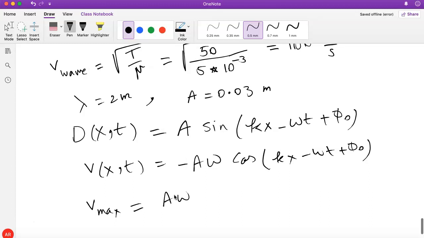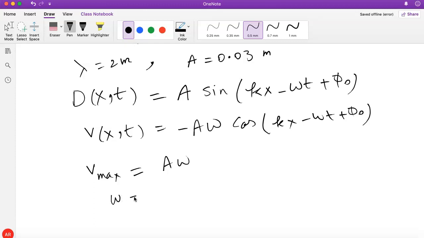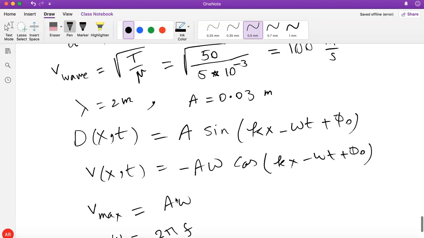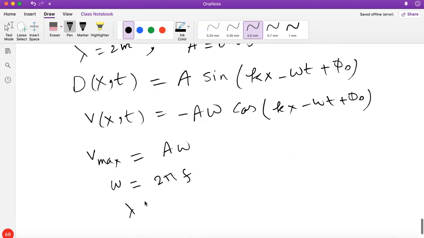Okay, so A we know, right? It's given to us directly. We know the amplitude. What about omega? How can we get it? Well, omega is 2 pi f, right? It's related to the frequency. So we don't have the frequency, but we have the wavelength and the speed of the wave. So we know that lambda times the frequency is the speed at which the wave is propagating.